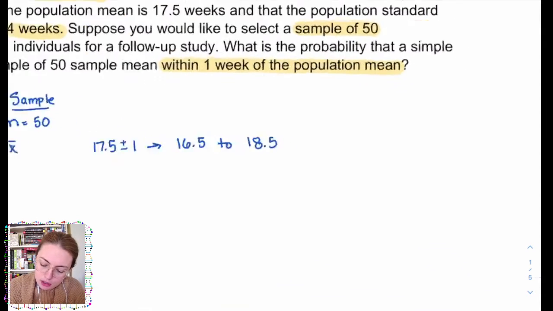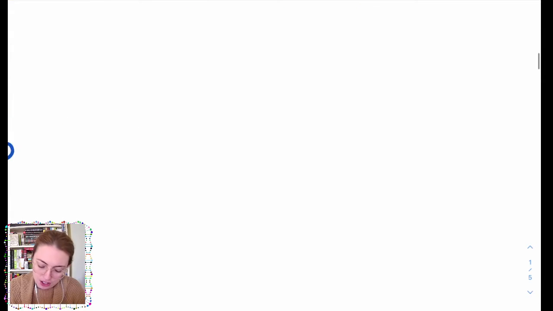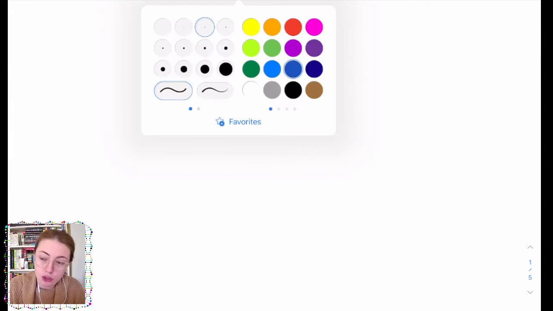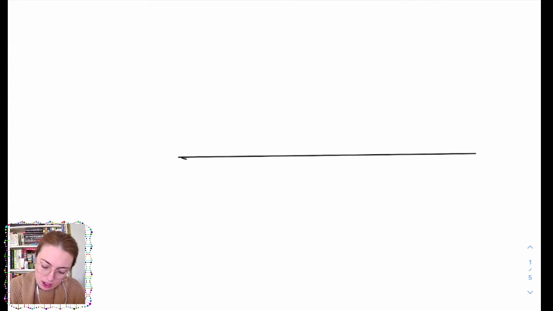So if we kind of zoom in here and try to picture what a z distribution looks like. We've got our x-axis, and in the center we have the mean. So in a standard normal distribution, that would be 0 with a standard deviation of 1. But just to have it be more general, we'll have it be our mean. And then on either side, we'll start going up and down by 1 standard deviation.